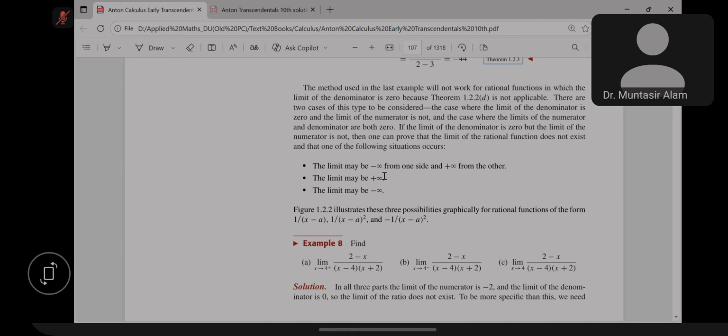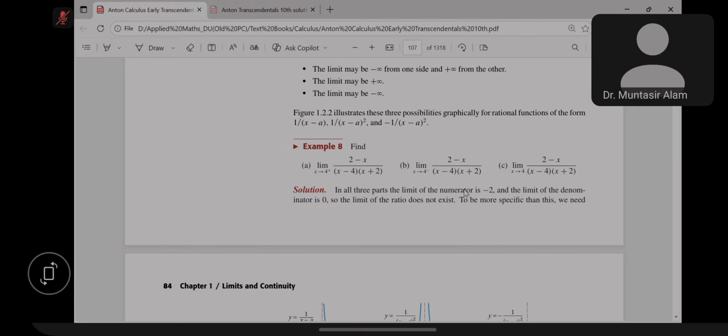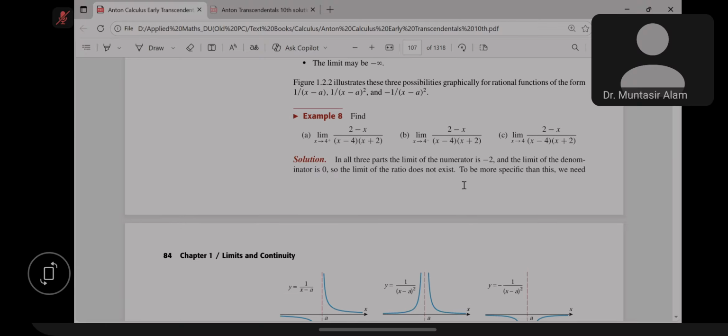Limit may be plus infinity, it also indicates that the limit does not exist. Limit may be minus infinity, it also indicates the limit does not exist at that particular point. So based on these assumptions, we need to solve the following problems given in example 8.